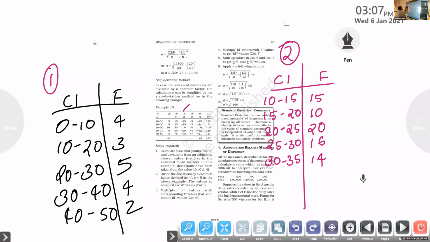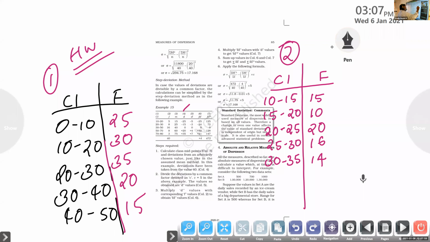Homework for tomorrow. Two homeworks for tomorrow, 1 and 2.